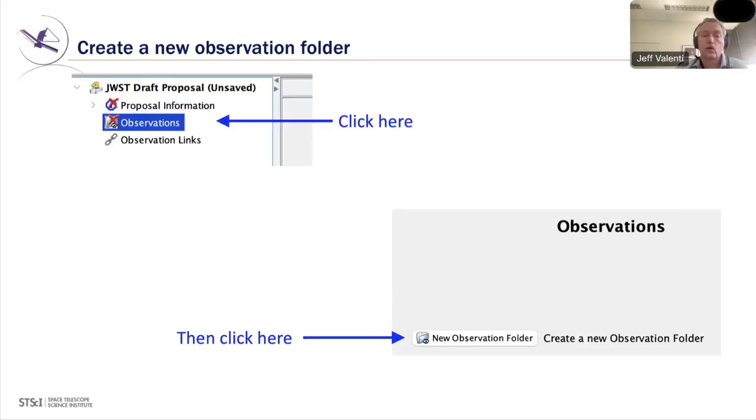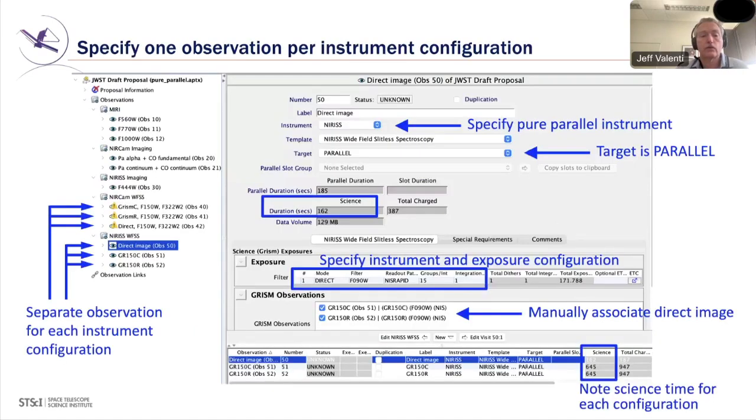And then as always, you click on observations and you create a new observation folder. This is a view of an APT file I created that basically has all 5 of the allowed templates that you can use when you are specifying a pure parallel observation.